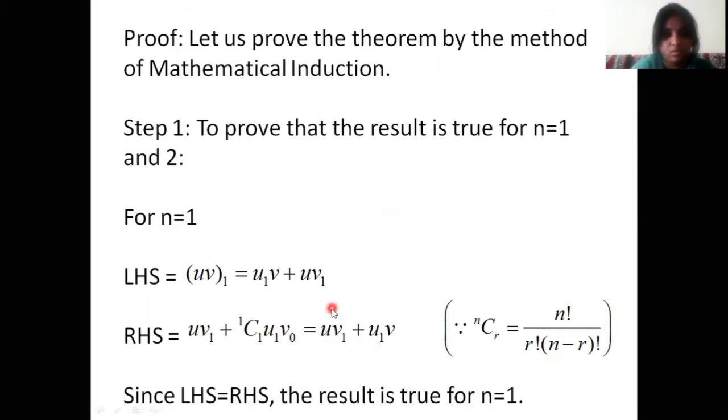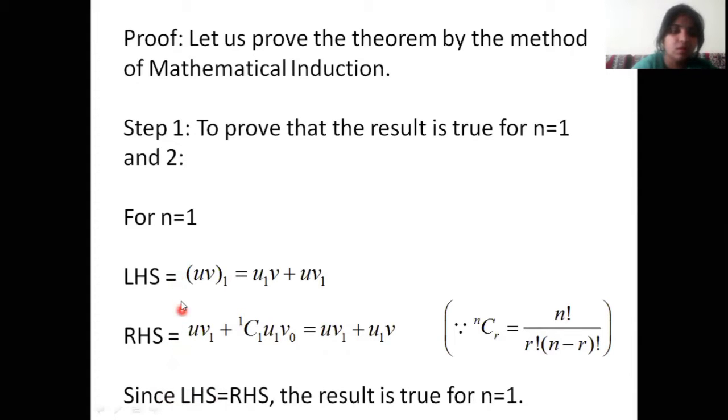So there exist only two terms on RHS, and 1C1 using this formula is 1 factorial by 1 factorial into 1 minus 1 factorial. 0 factorial is 1. So the value of 1C1 using this definition will be 1. So it is u v1 plus u1 v0, and v0 is just v, the 0th derivative of v is v.